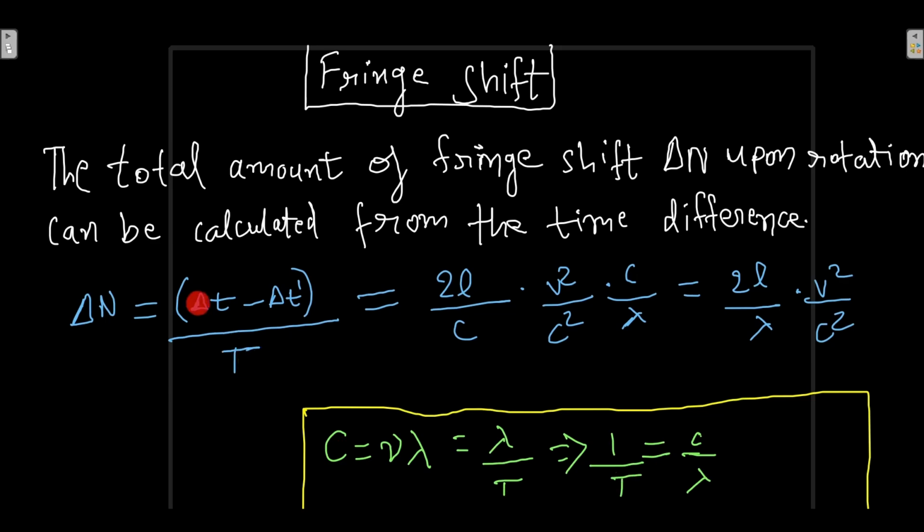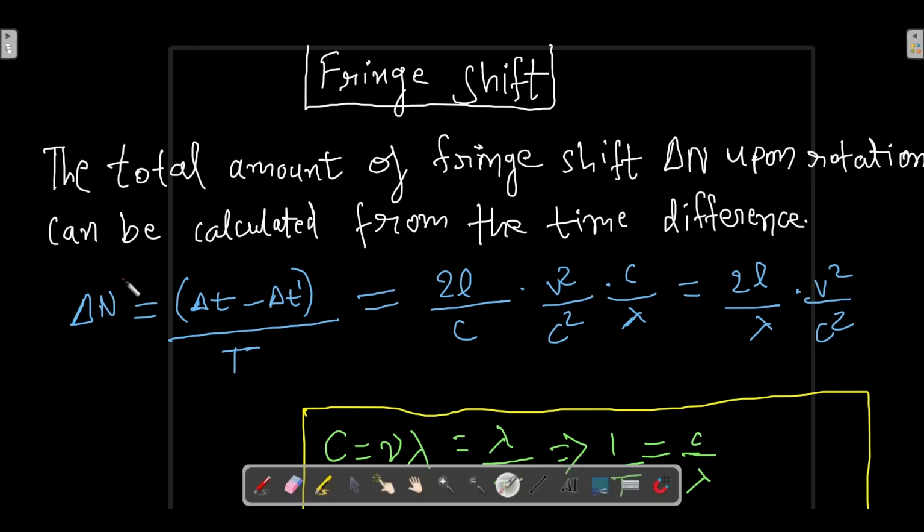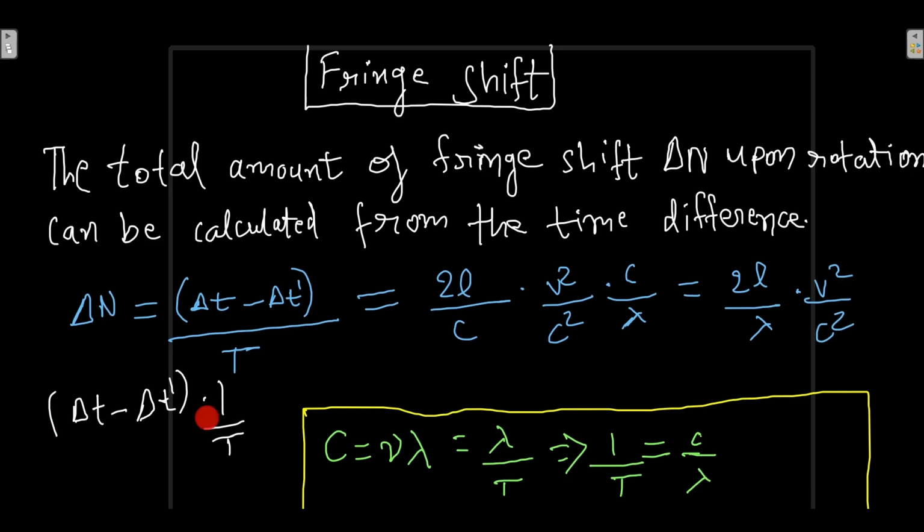Now this quantity, delta t minus delta t dash, multiplied by 1 by T can be written, and this 1 by T can be replaced by c by lambda.